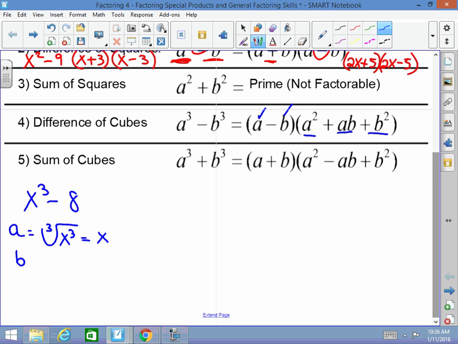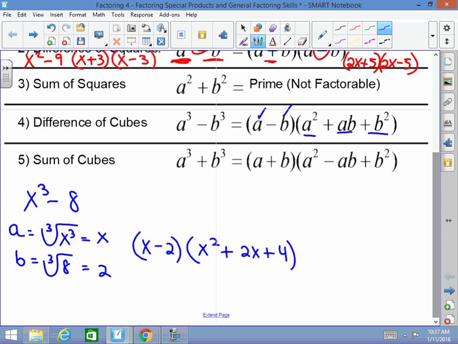Then I find my b term, which is the cube root of my second term, which is 2. Now I literally follow the formula: a minus b times a squared plus a times b plus b squared. And I am done. You cannot factor the trinomial that you're left with. You do not have to go any further.